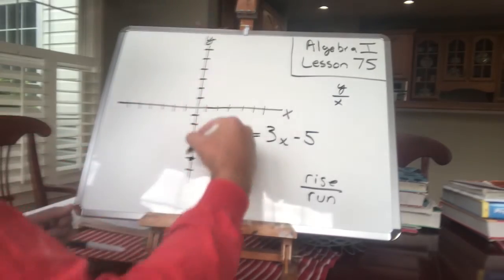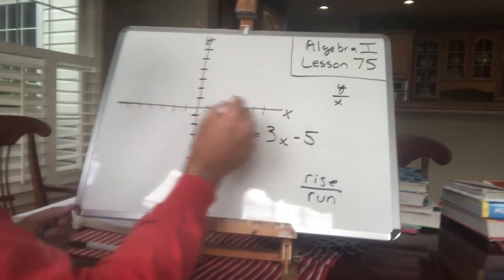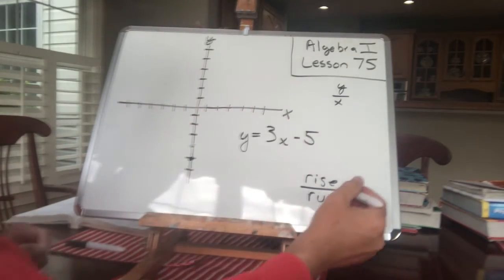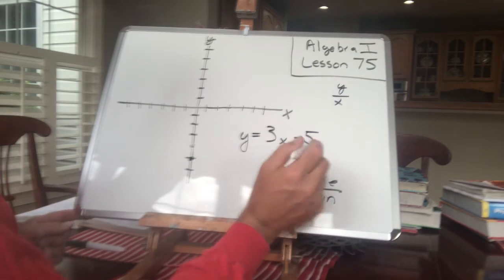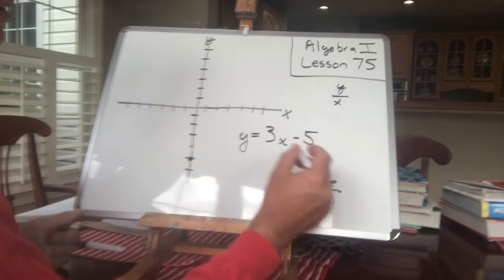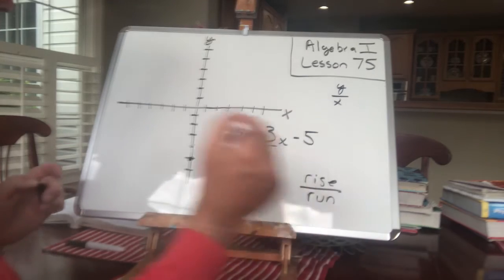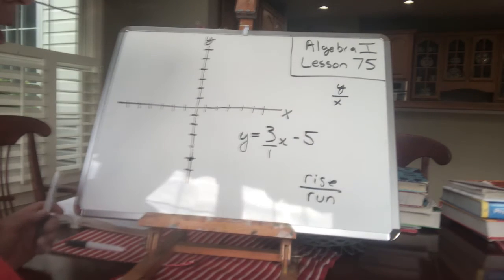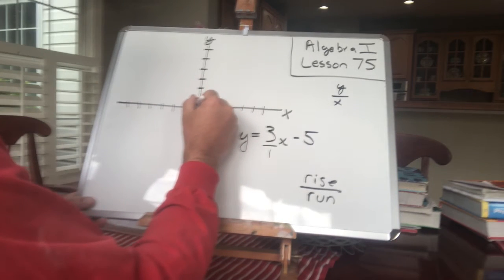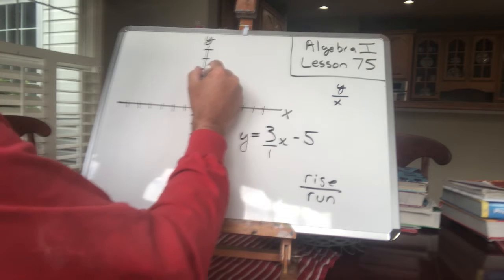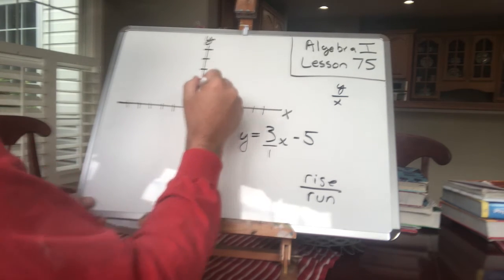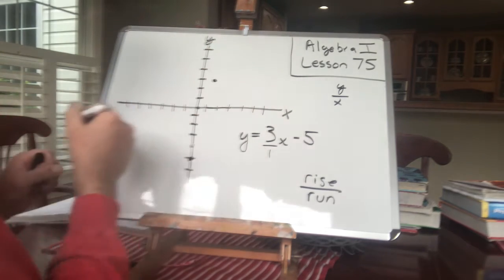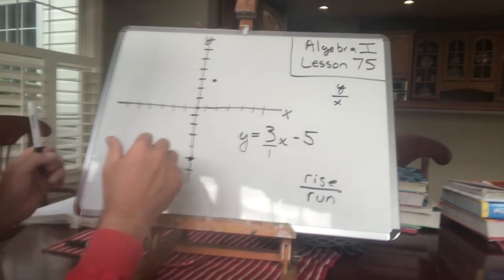Obviously the rise is going up and down and the run is going side to side. This one is 3, so there's an invisible 1 right there. It's going to rise 3 and go over 1, depending on where the intercept is.